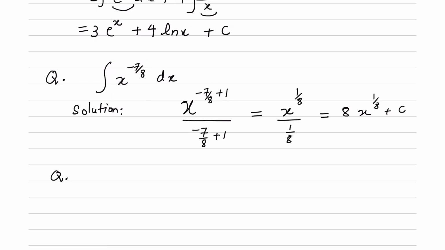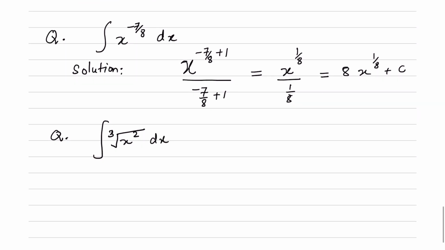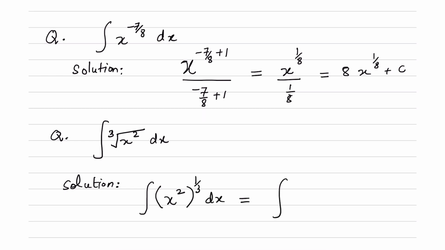Let's solve this problem. You have to integrate x square whole power 1 by 3 with respect to x. First we will rewrite it: x square, and there is 3 outside. This could be written as just 1 by 3. So this becomes x to the power 2 by 3.